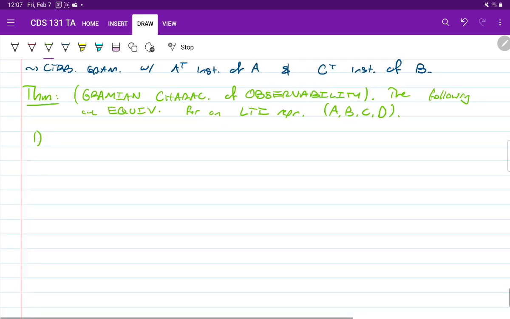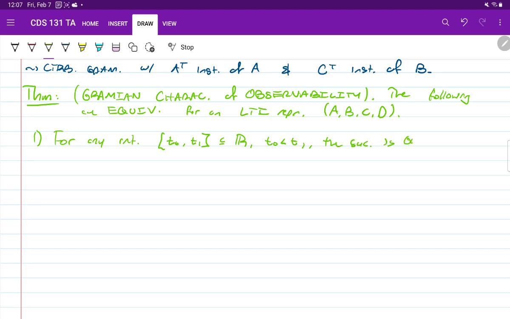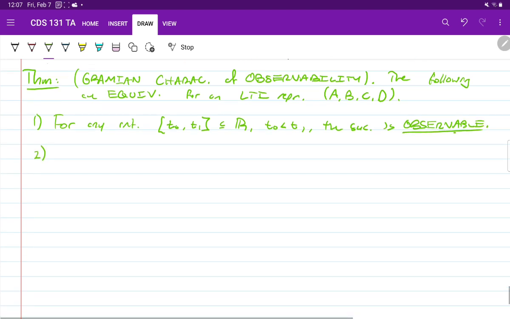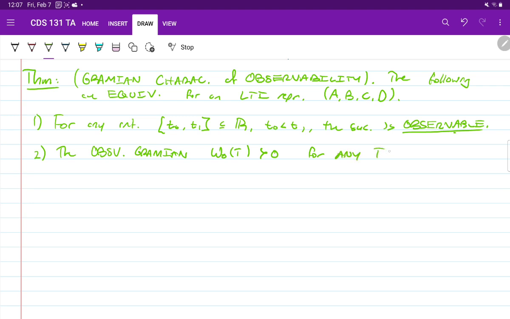Point 1: for any interval T0, T1 subset of R with T0 less than T1, the system is observable. Condition 2: the observability Gramian W_O(T) is positive definite for any T greater than 0.